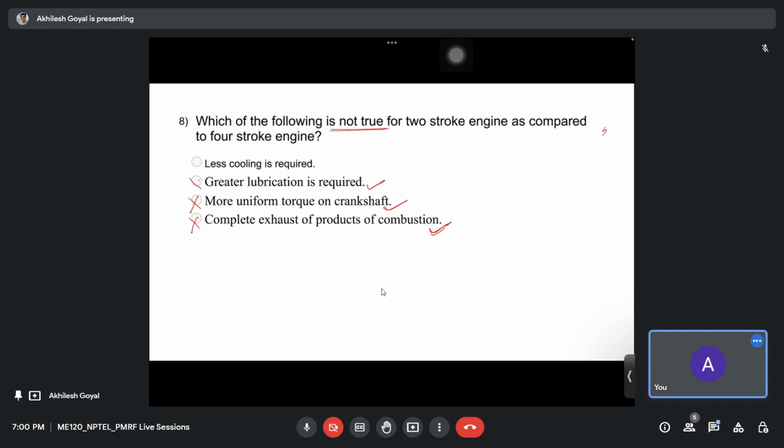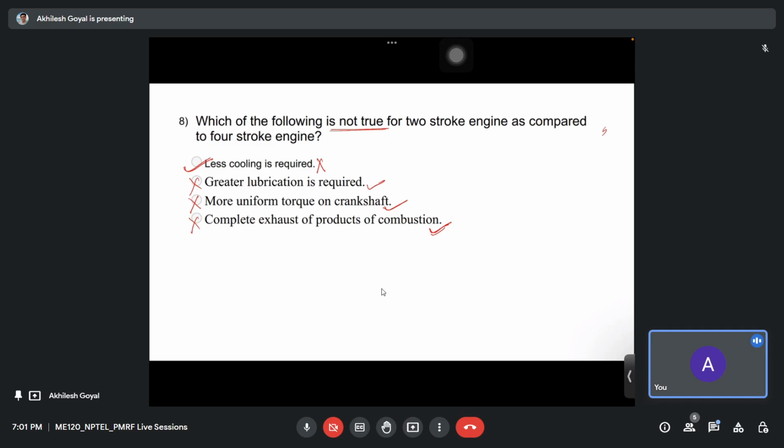Less cooling is required, this is the wrong point and this is our answer, as we are getting a power stroke in each rotation of the crankshaft. That means as compared to the four stroke engine we need twice the cooling of the two stroke engine.